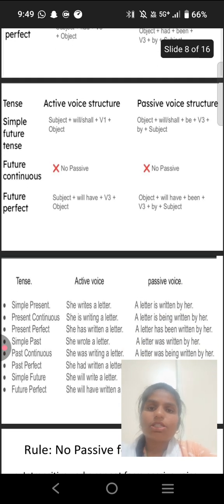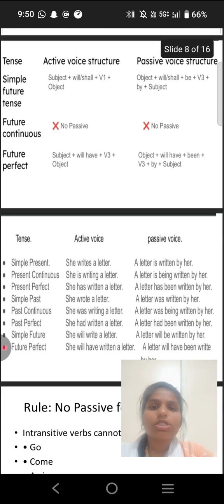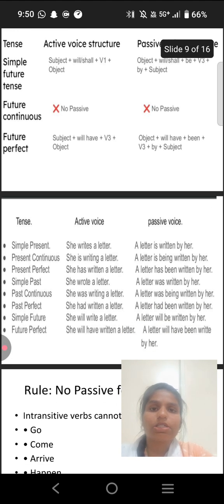In future tense, subject plus will or shall plus V1 plus object. In passive voice, object plus will or shall plus be plus V3 plus by plus subject. In future continuous, we don't have active voice or passive voice.